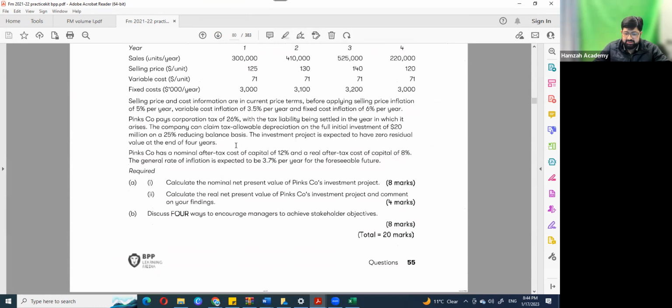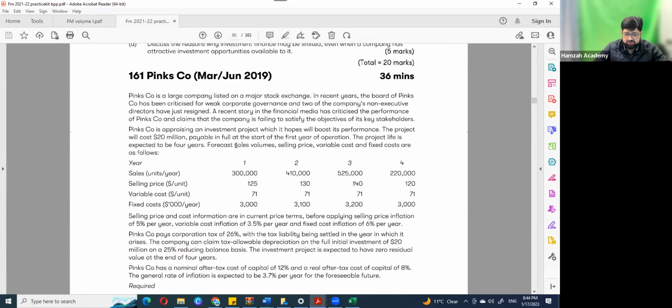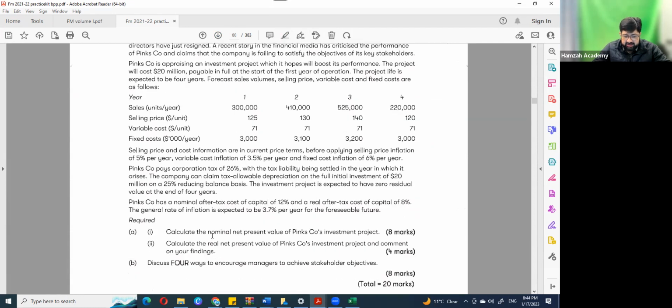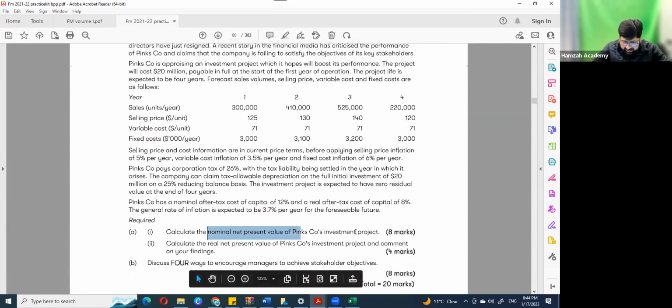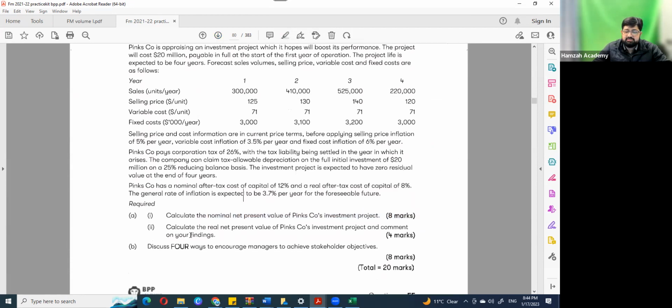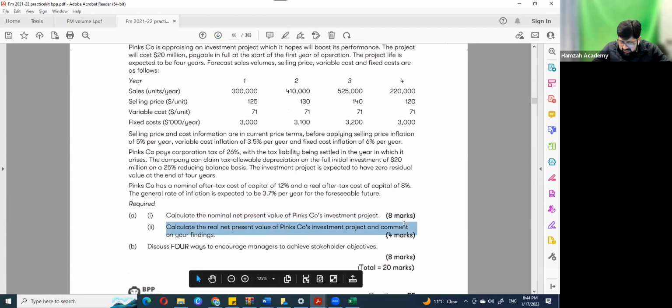Here it is, Pink company, March, June 19. Scenario-based question. Calculate the nominal NPV of the project, 8 marks. Calculate the real NPV of the project and comment on their findings, 4 marks.